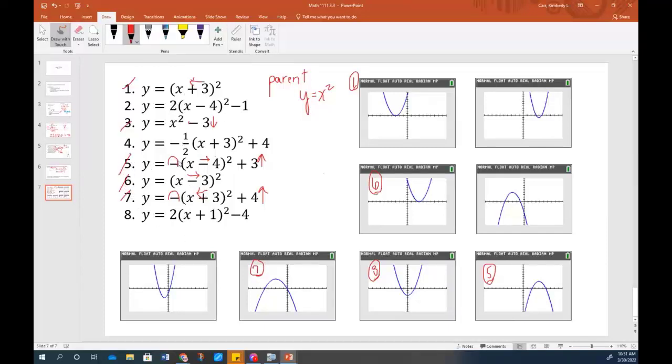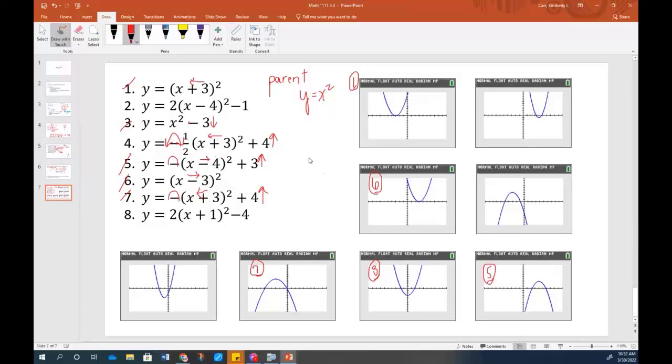So now we're left with the ones that have the multiplication in front. But as I look at this, here's a 2, a negative 1/2, and a 2. This one has to be opening down. It is the only one left that's opening down. Now, I can tell also that it has moved to the left 3, up 4, and what the 1/2 did in front is change how wide it appears or how tall it appears.